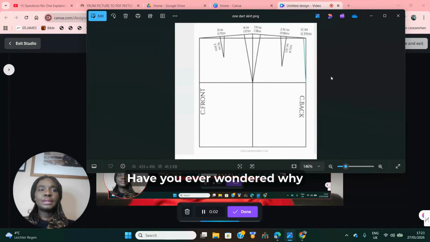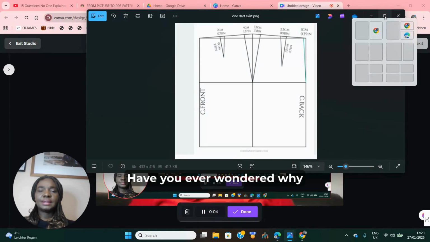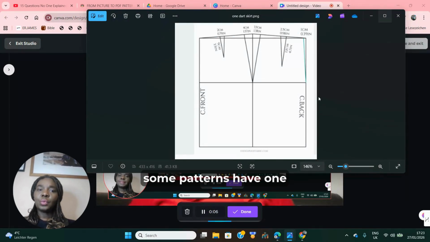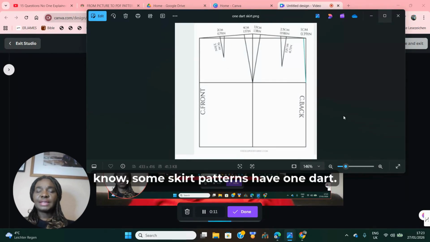Have you ever wondered why some skirt patterns have one dart? There's a single dart on each side of your waist.